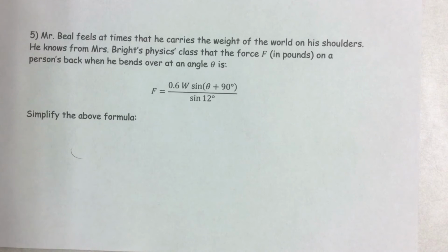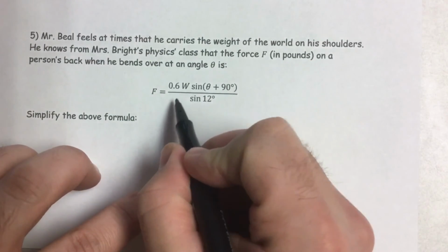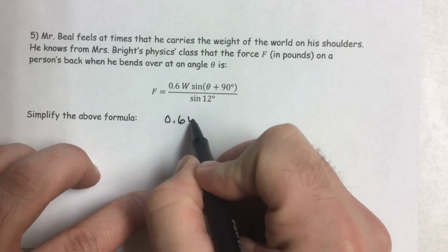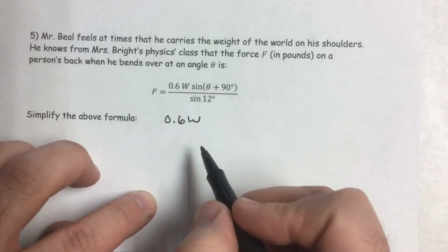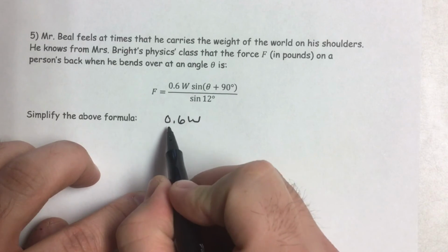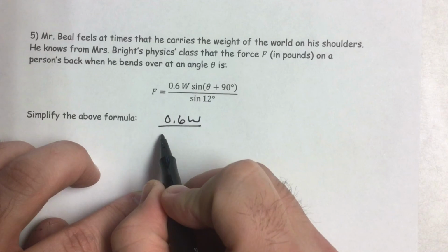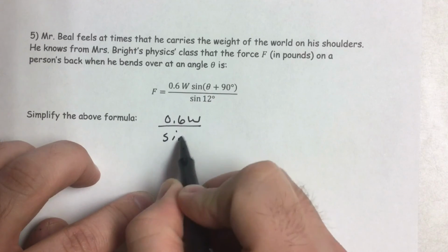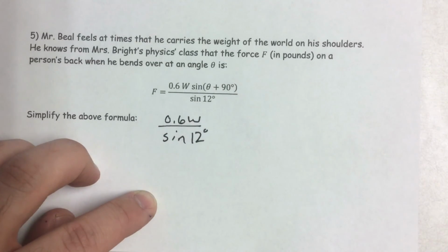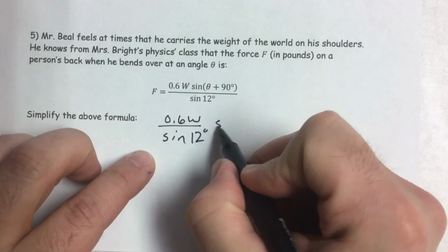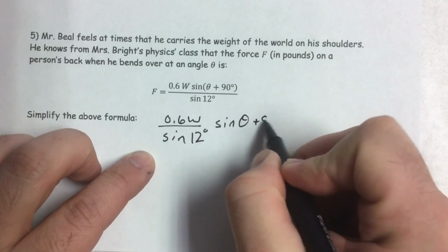If you're struggling to know where to enter this problem, I would look at this as 0.6w, which I believe would be the weight, divided by, that would be work actually, divided by 12 degrees, and then multiplying that by sine of (theta plus 90).